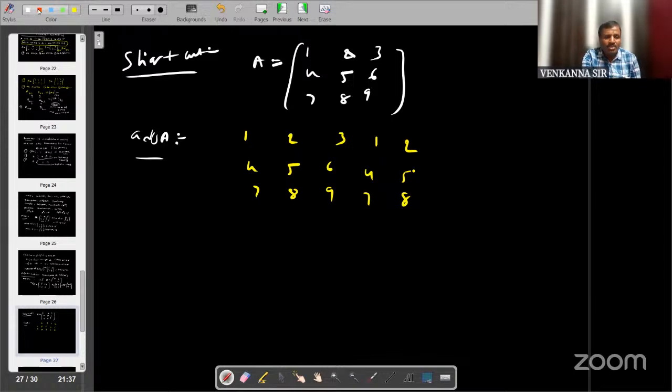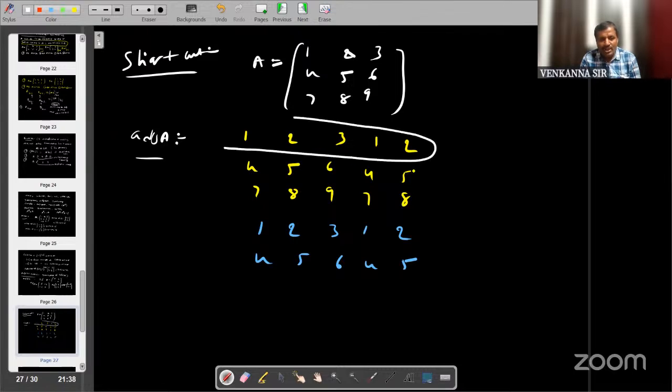The colors also I am mentioning here. Observe how the changes are going here. All of you understood how we are writing this one. So after writing all these things, delete this first row, and delete the first column.